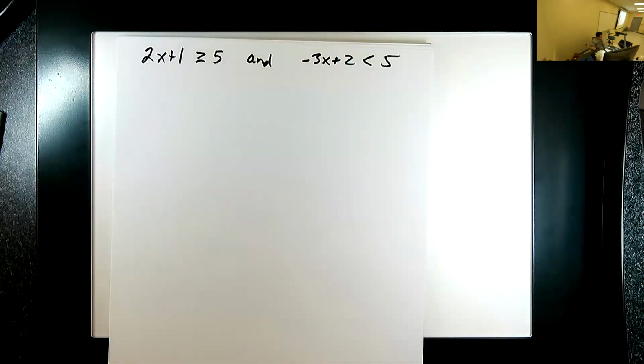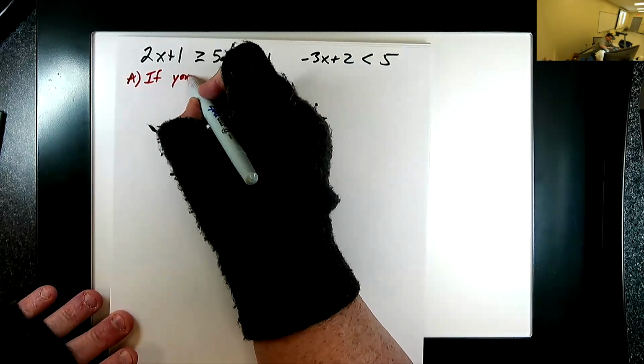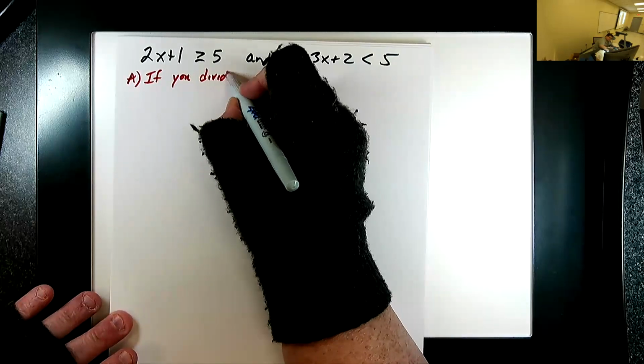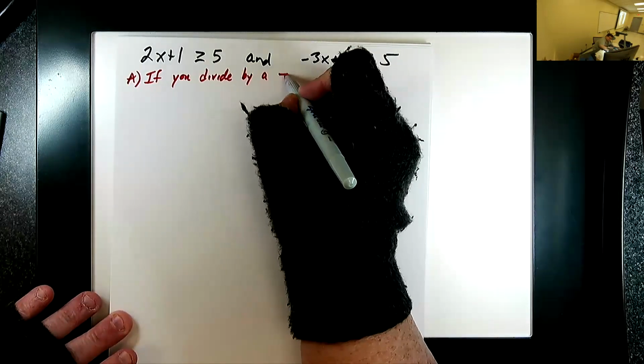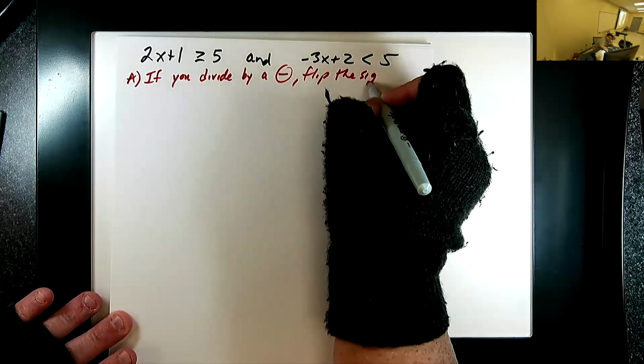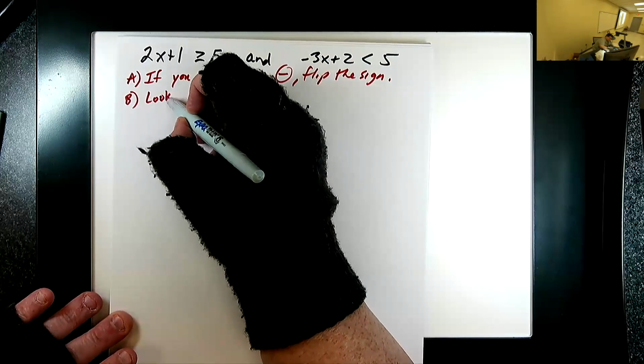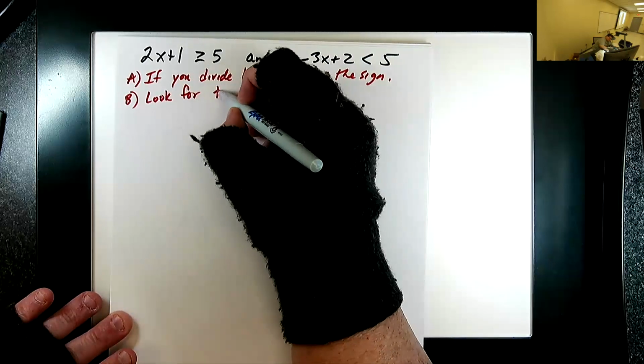Remember, if you divide by a negative, you got to switch the sign. So I'll make those little notes. A: if you divide by a negative, flip the sign. And B: look for the overlap on a number line.